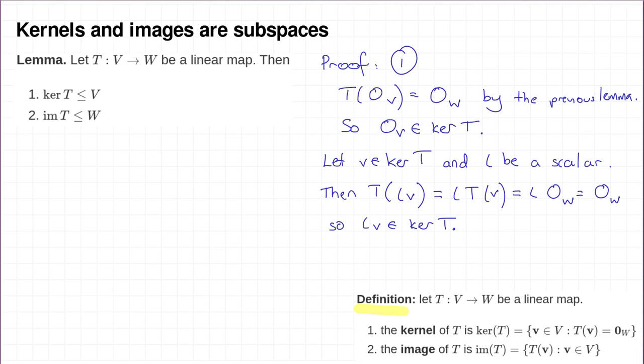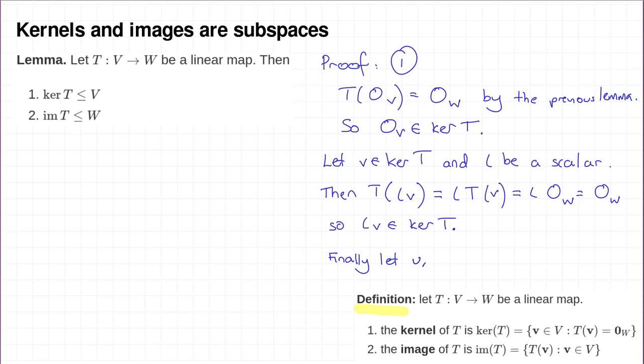The only thing left to prove that the kernel is a subspace is to prove that it is closed under addition. So finally, we take 2 things in the kernel.